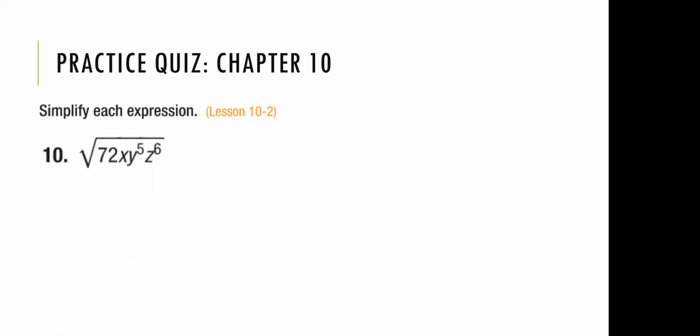Then for this problem, I would break this down to radical 72 times radical x times radical y to the 5th power times radical z to the 6th.